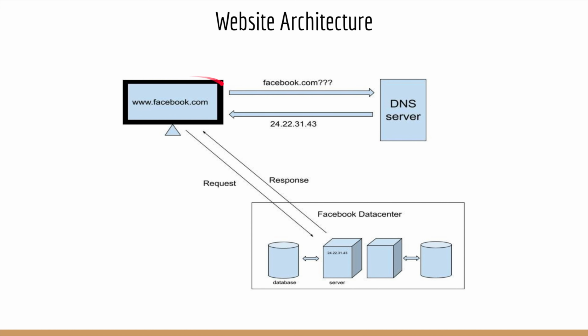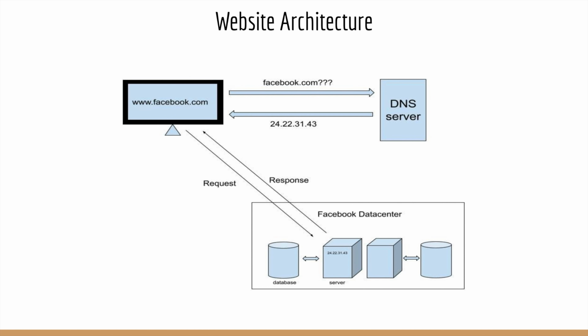So when you type this in your web browser, even your browser doesn't know that 24.22.31.43 is the IP address associated with Facebook, and that's the IP address I have to request. So how does the browser figure out that 24.22.31.43 is the Facebook IP address?